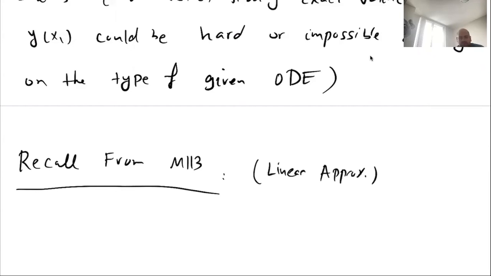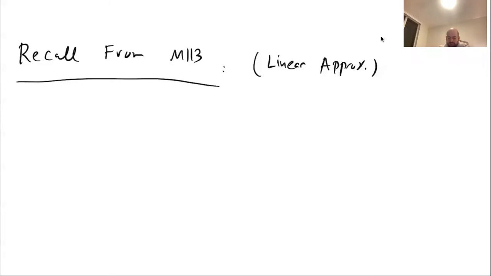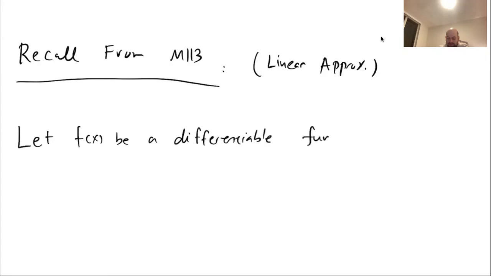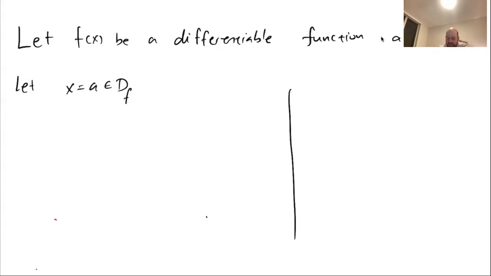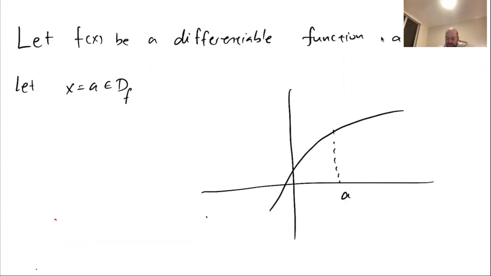So how could we do a linear approximation for a given function around a given point? Let f of x be a differentiable function, and let x equals a be in the domain of f. So let's look at the graph. Let's say this is a differentiable function, and this a is a point on the graph.